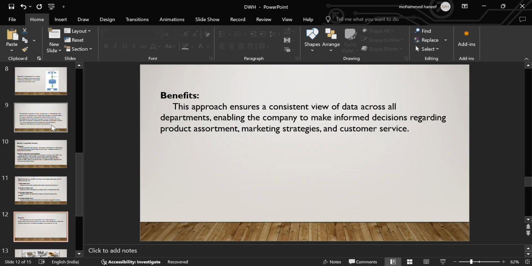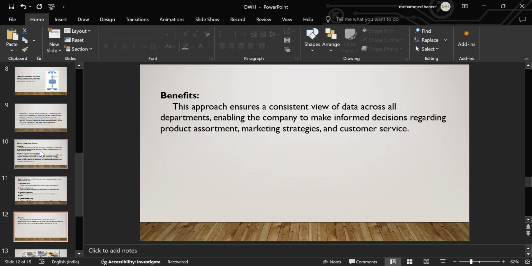If you want to get the overall data, then the first layer itself will have all this data. So this is today's discussion of the top-down approach: the benefits, an example, how this can be defined, what the flow of the top-down approach is, and which is better and which is not.